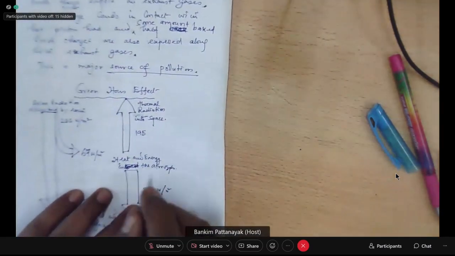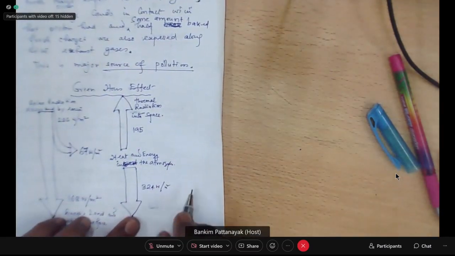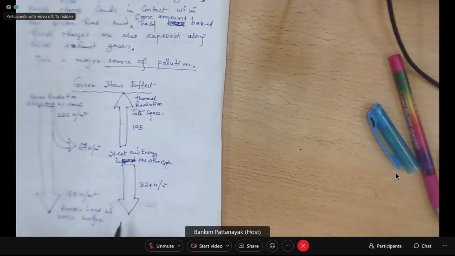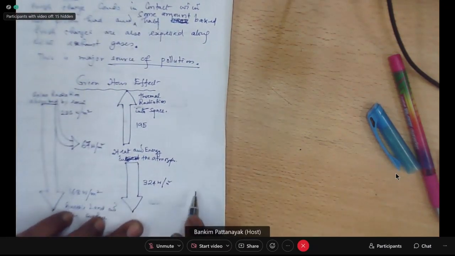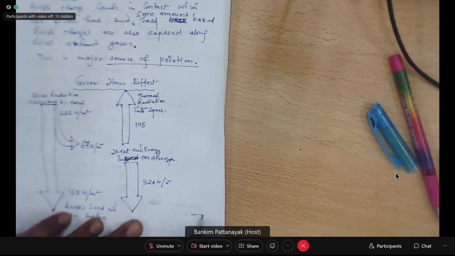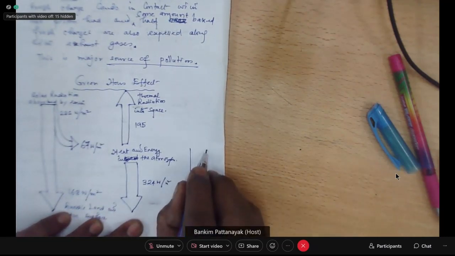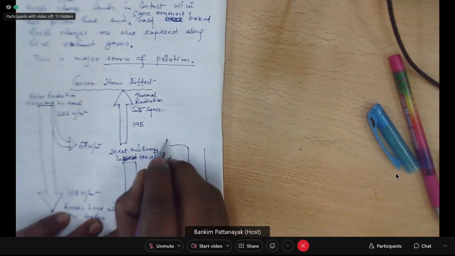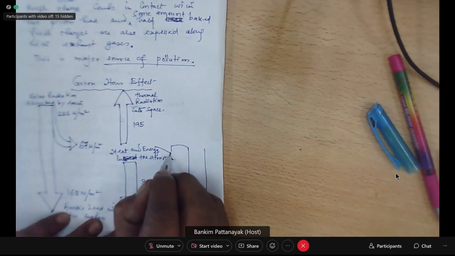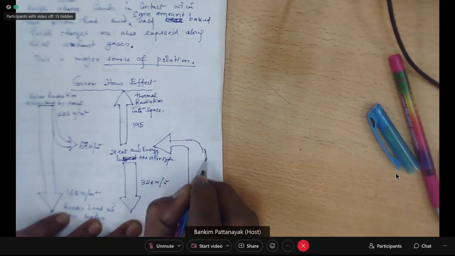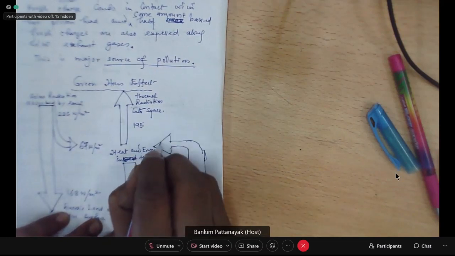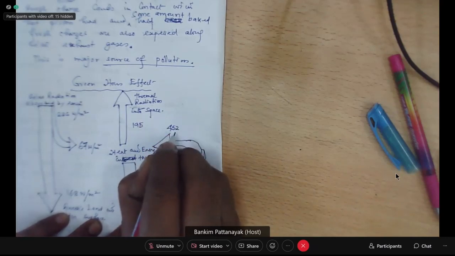Now, out of which the greenhouse effect is that 324 and 168, that means 452 is coming back into the atmosphere.